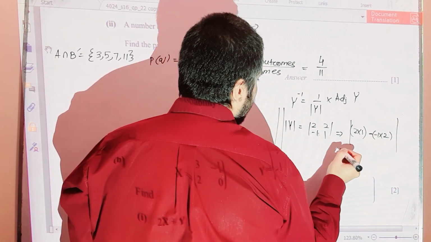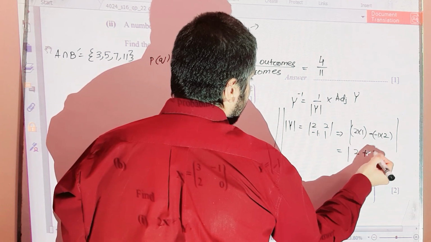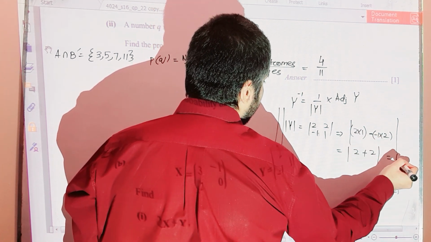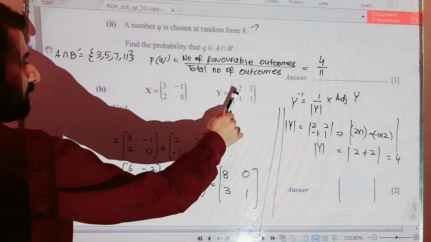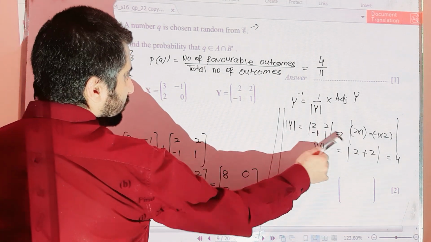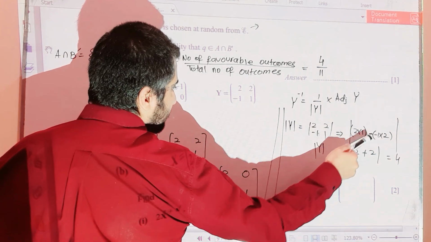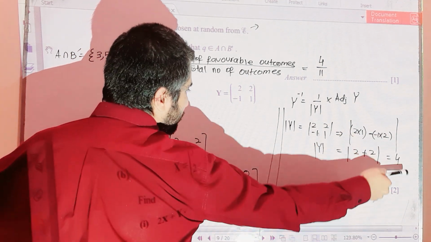So 2 into 1 is 2, minus becomes plus, 1 into 2 is 2, so the answer will be 4 for the Y determinant. Again I am repeating, for the Y determinant you need to multiply 2 into 1, this is the principal diagonal, that is 2, minus minus 1 into 2, minus becomes plus, 1 into 2 is 2, 2 plus 2 is 4.